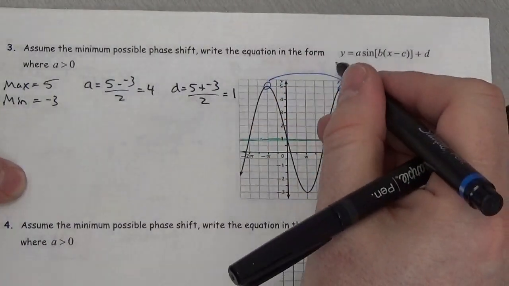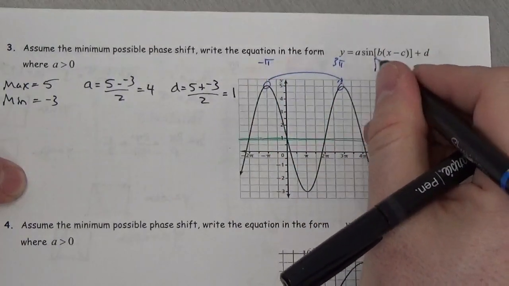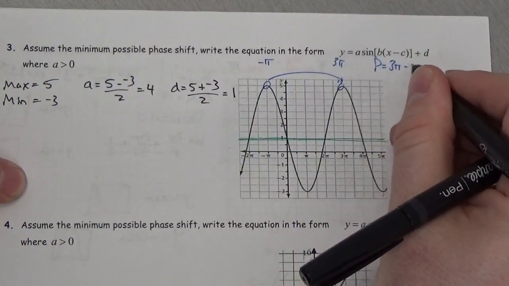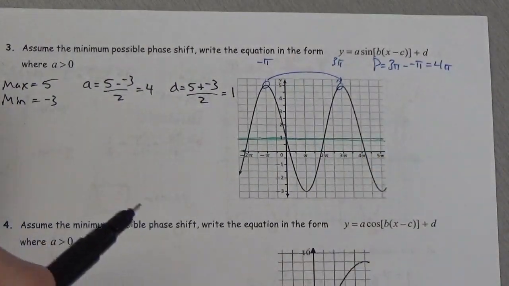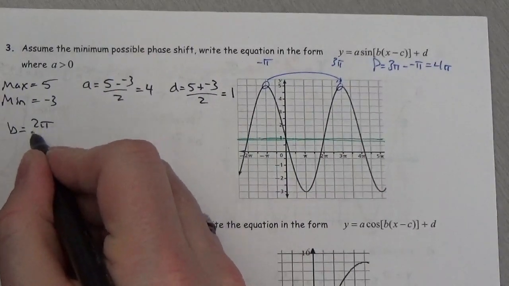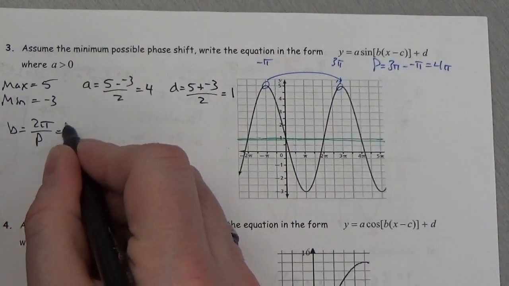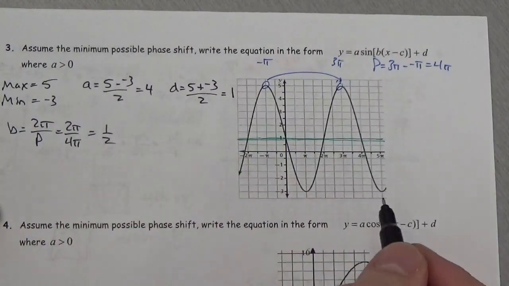This peak is up here at 3 pi, and this one here is at negative pi. So my period is going to be the difference between those two, so 4 pi. B is going to be 2 pi over the period, so 2 pi over 4 pi, or 1/2 again.